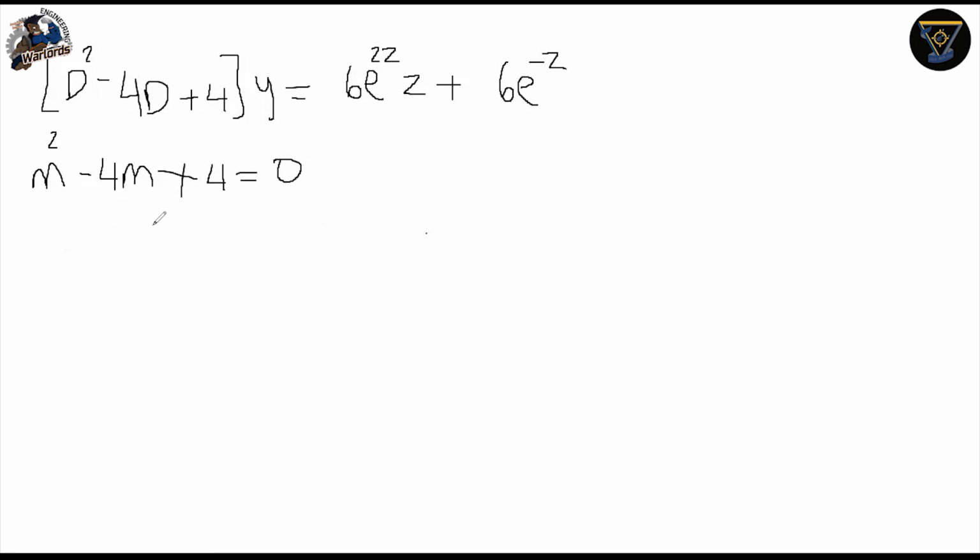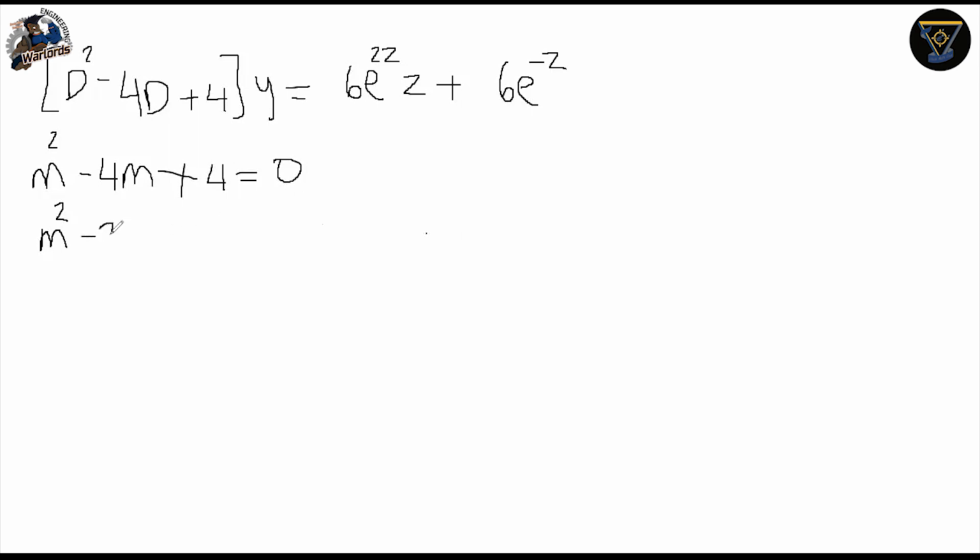So we need to either use the quadratic formula to find m, use completing the square, or we can factorize it. Can it be factorized? I think so. So what we would have is m squared. If we have 1 multiplied by 4, it's 4, so we can have minus 2 and minus 2.